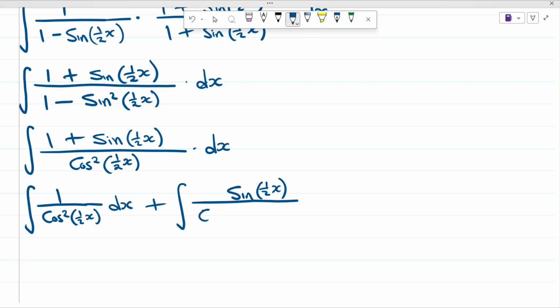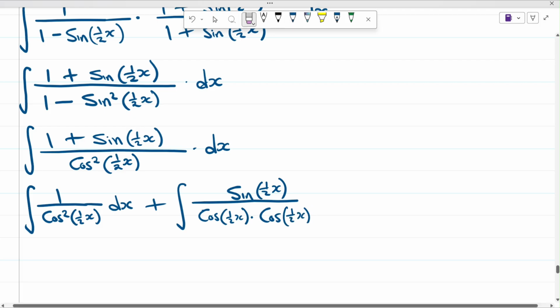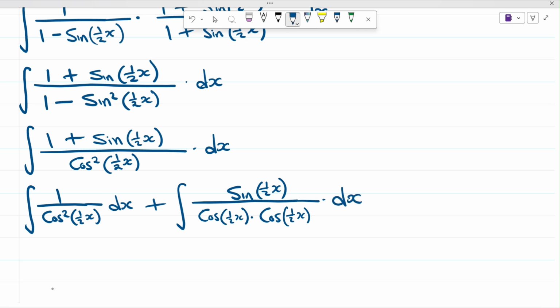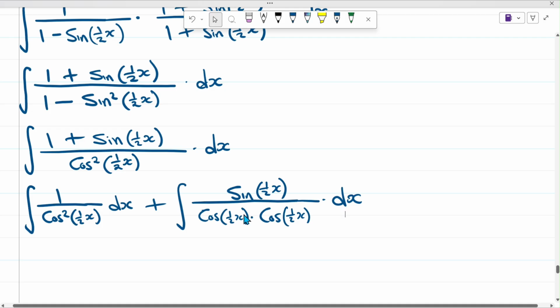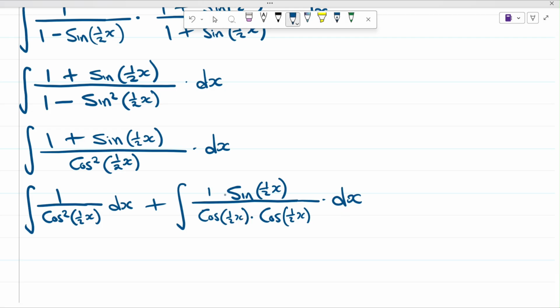Let me split that cos squared into cos of 1 over 2x multiplied by cos of 1 over 2x, and then dx. Why did I split? Because I want to separate them and use the reciprocal for this case, and for the other one, sine over cos is a tan. So that's what I'm trying to say to do.